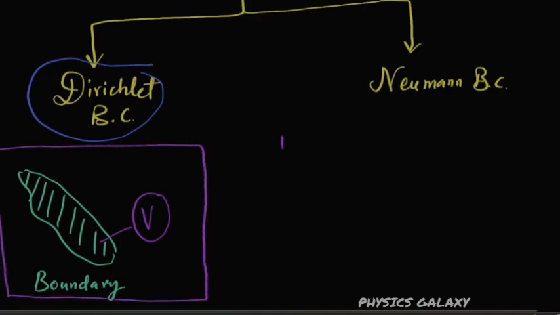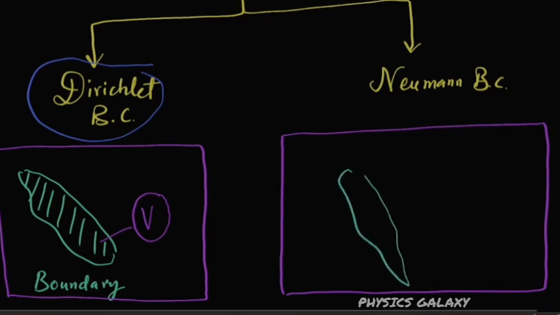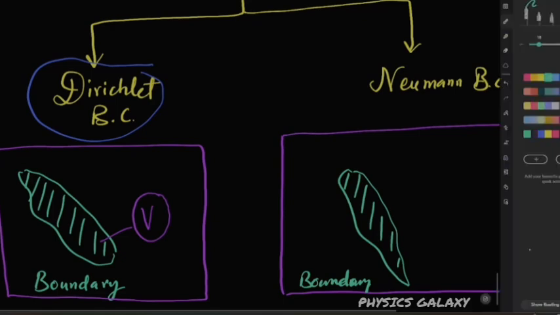Now, what about the Neumann boundary condition? If I have to use Neumann boundary condition, suppose this is my boundary. Again, a boundary can be of any shape. Suppose this is my arbitrary boundary. Then what do I have to specify? I have to specify the normal derivative of potential.